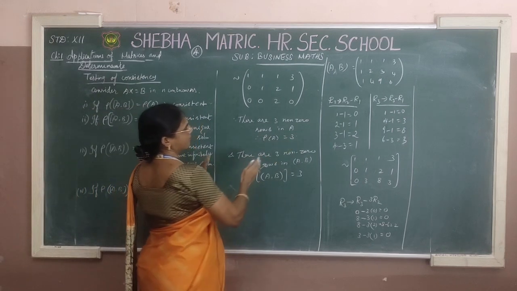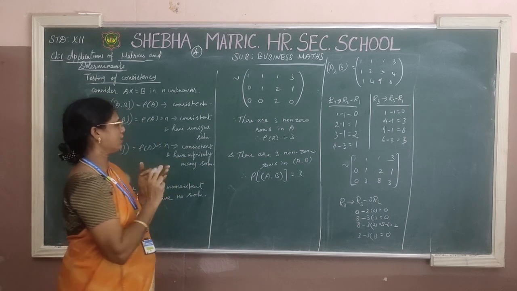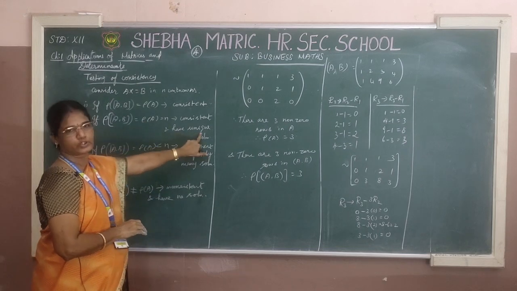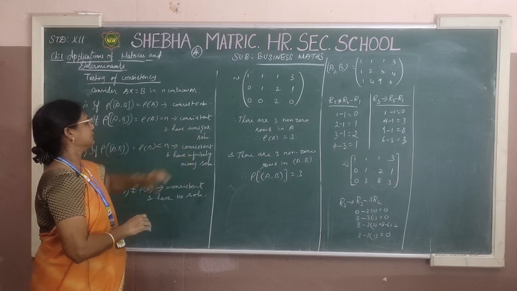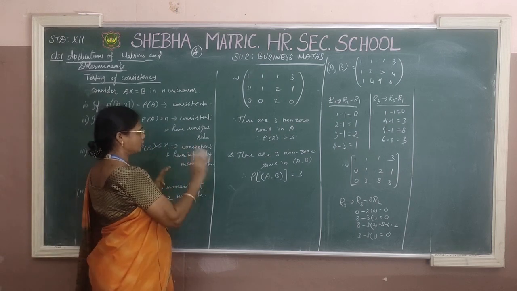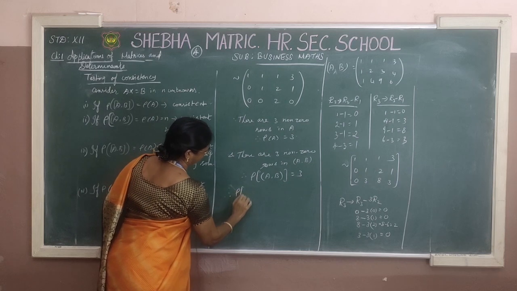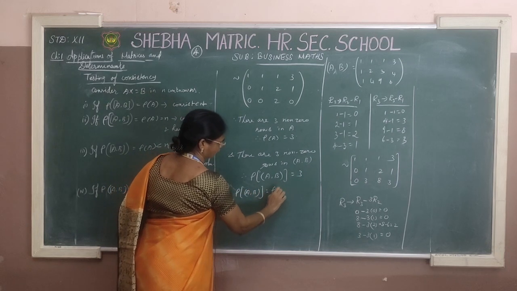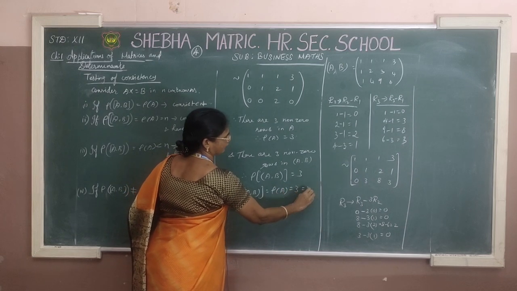It is equal to 3, and 3 is the number of unknowns. What are the unknowns? X, Y, Z. If it is equal to the number of unknowns, then it has a unique solution. Okay, it is equal to n, then it has a unique solution. Therefore, rank of AB equals rank of A, which is equal to 3 and equal to n.